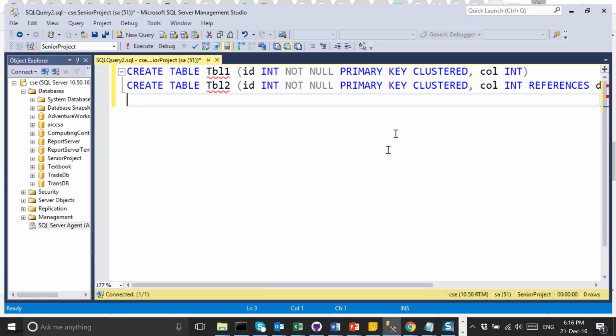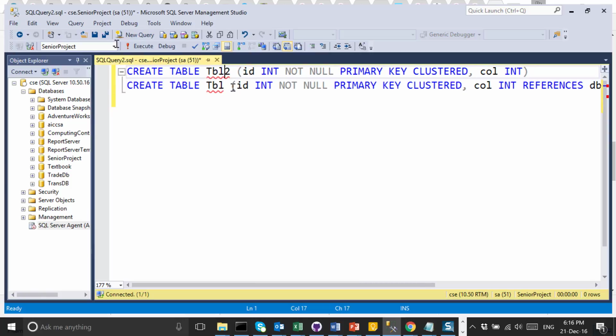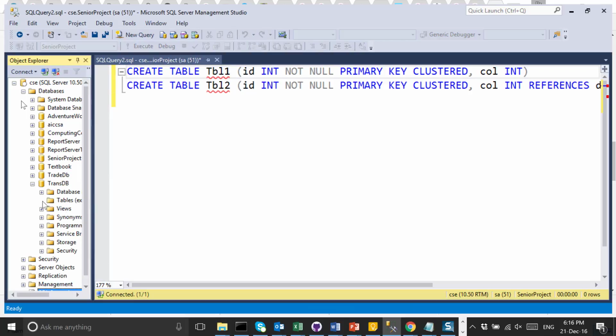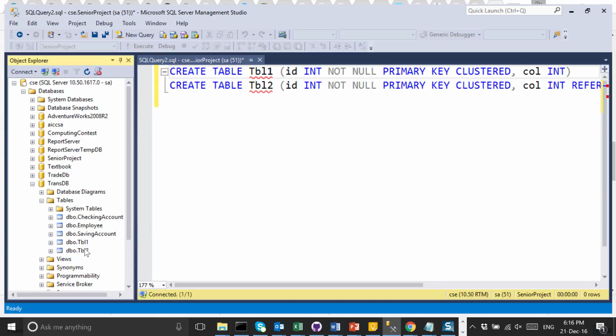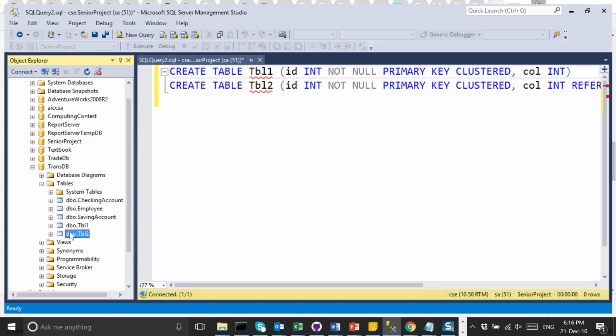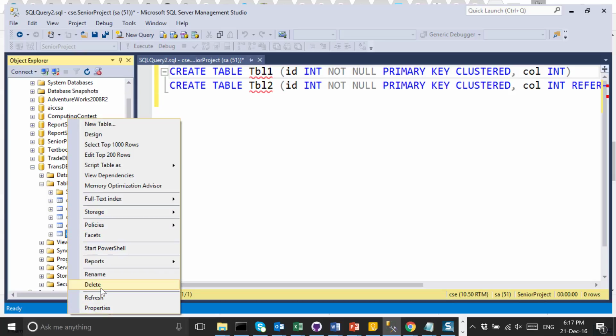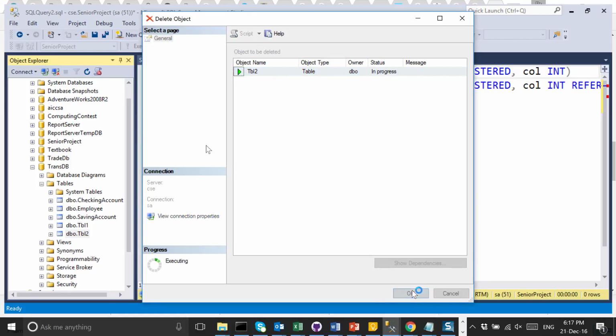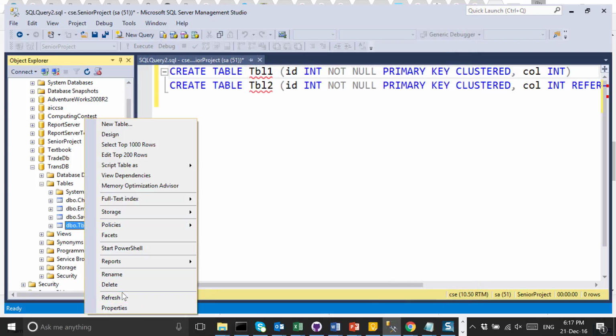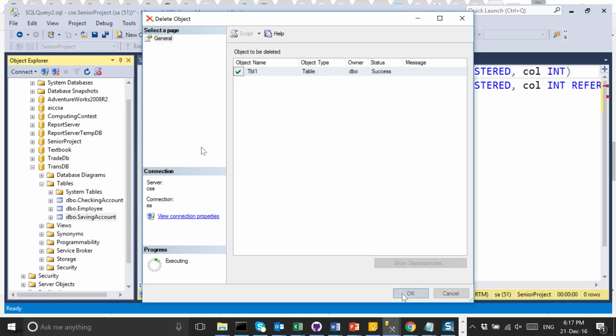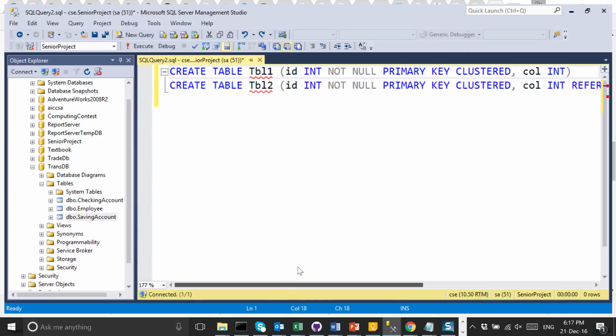So here I'm creating two tables. I have two tables: one is called table 1 and another called table 2.